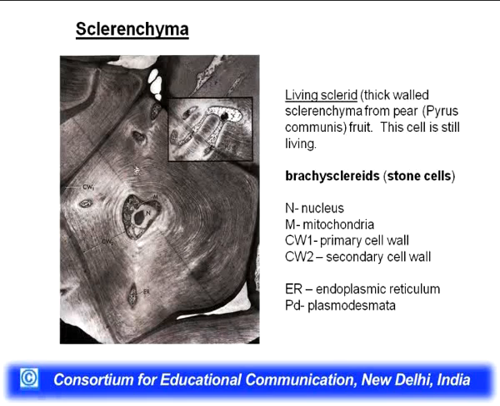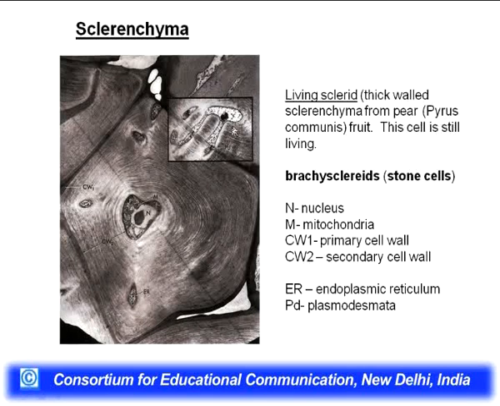Sorry, these are ER membranes, and these are some mitochondria, this is the nucleus, this is the cytoplasm. So, these cells have all of their living components. However, I must also say that the rate of metabolism is very low. So, it is not a highly metabolically active cell, it is a low metabolic activity cell, but a living one.